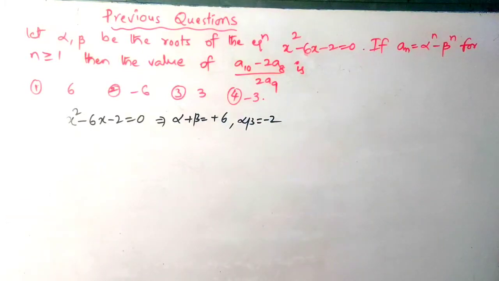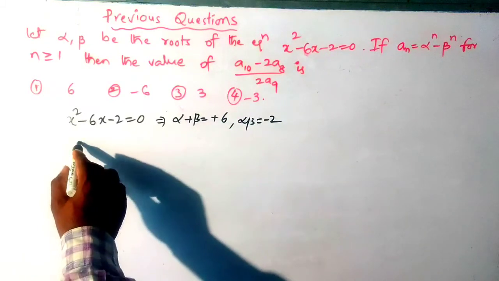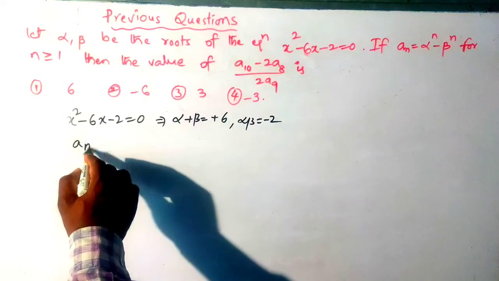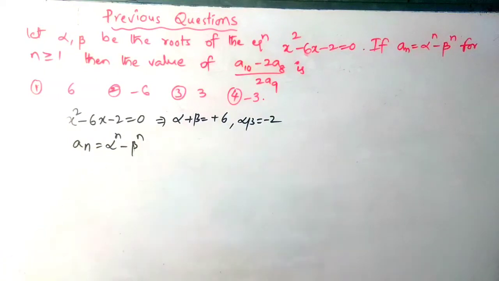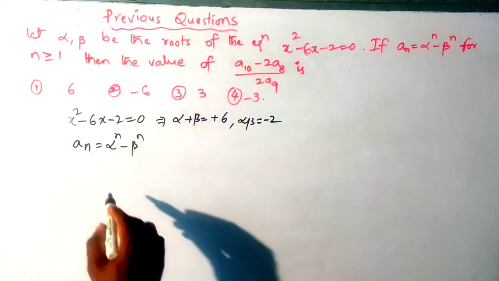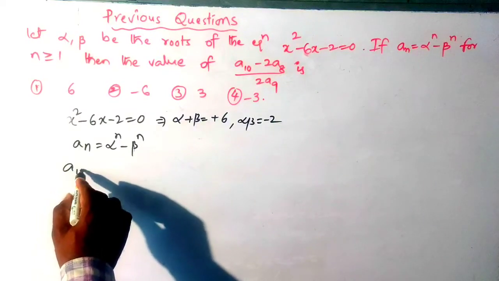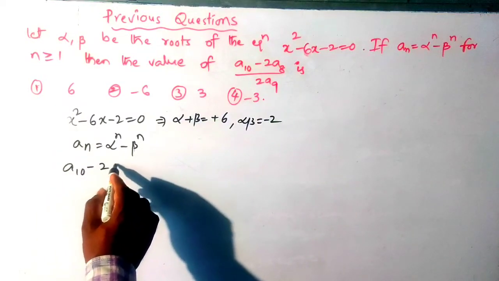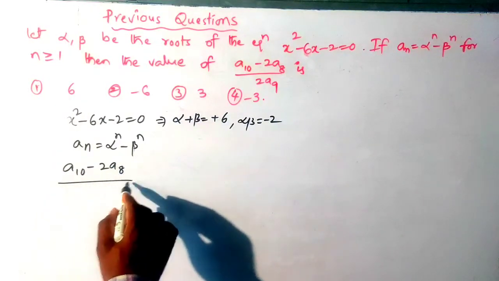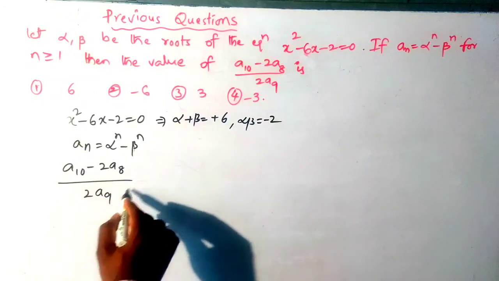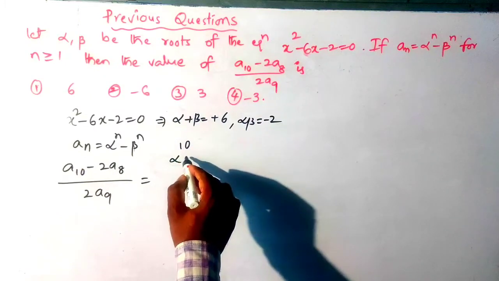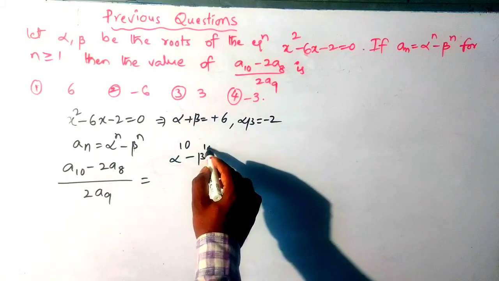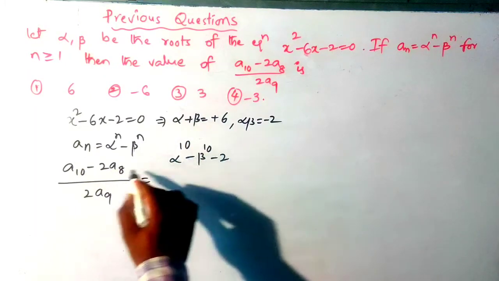Here the given value is an equals alpha power n minus beta power n. We find out the value of (a10 minus 2a8) divided by 2a9. a10 can be written as alpha power 10 minus beta power 10, minus 2 of a8.